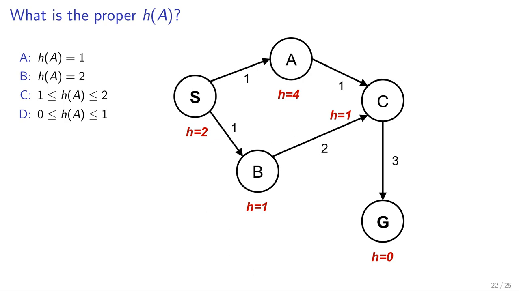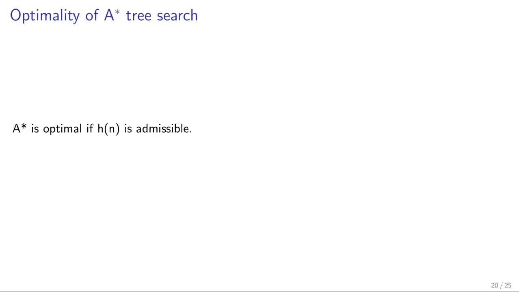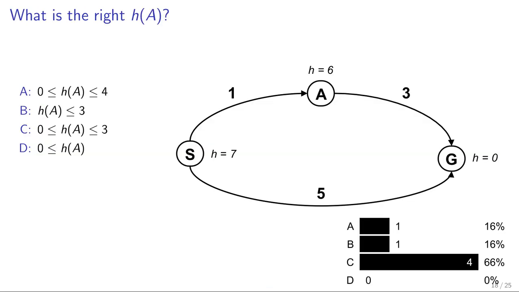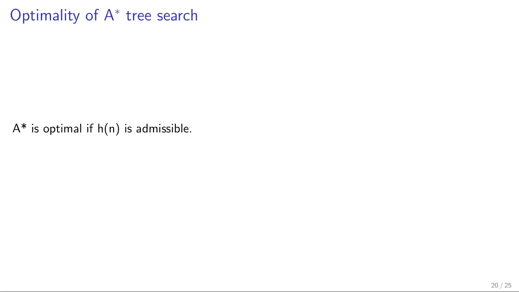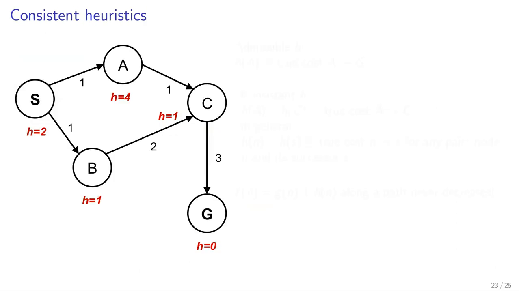Before, we had a tree in the space, because, well, not always, but in some cases we did. In general, for the graph search, there has to be a stronger condition, which is that the heuristic is what is called consistent.